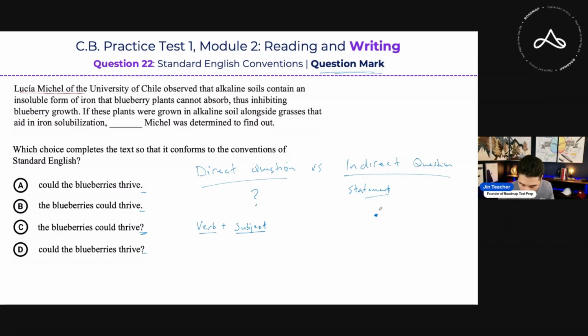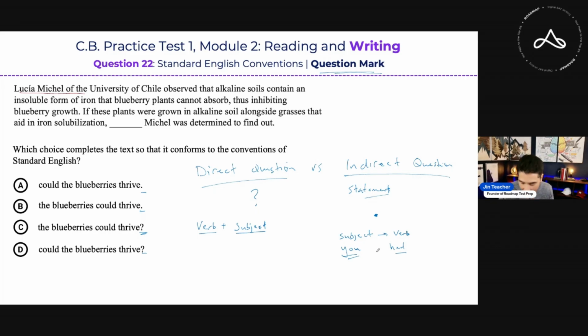And so indirect questions will end in a period because they are part of the sentence or the statement, not a question. Okay. And the arrangement of words will go subject before the verb, right? So if I say, I thought about what you had for dinner, right?